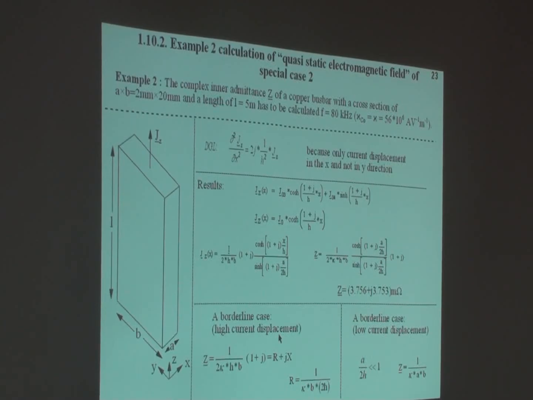You have here the length 20 millimeters, and here you have 2 millimeters. So, how to calculate the resistance?